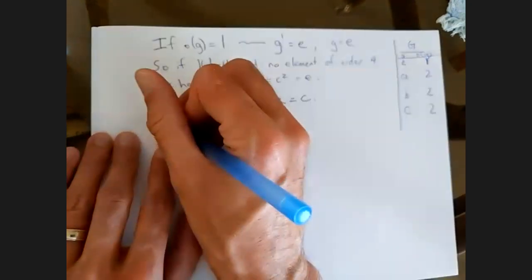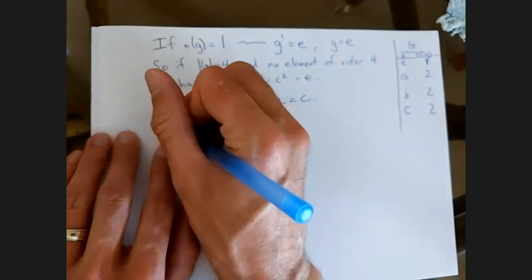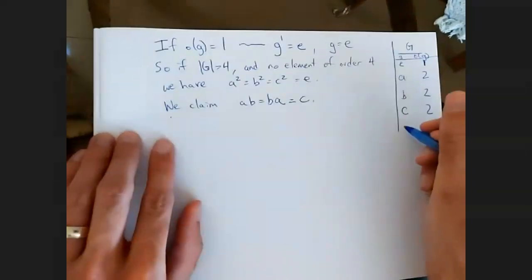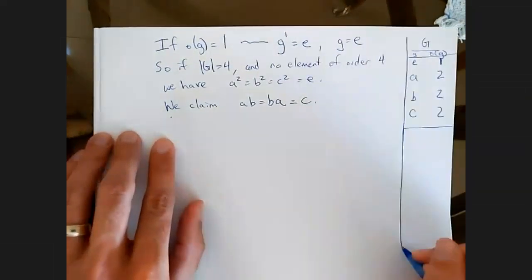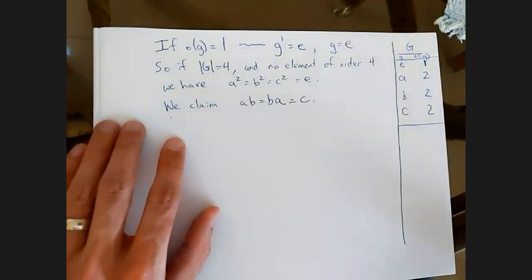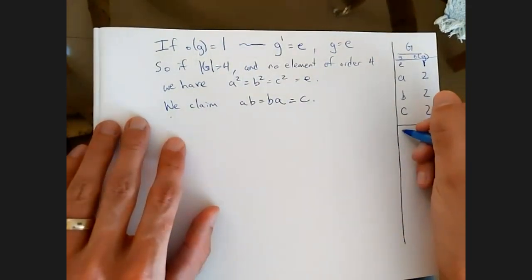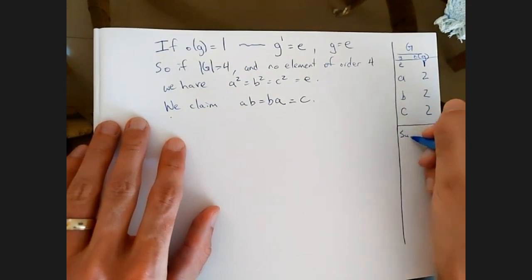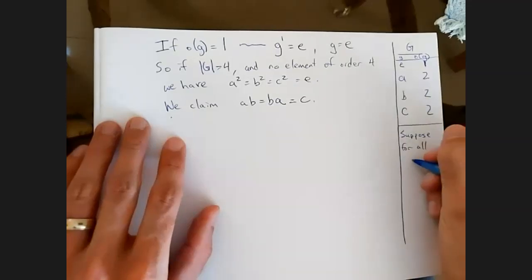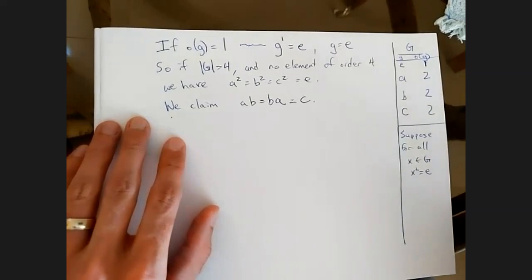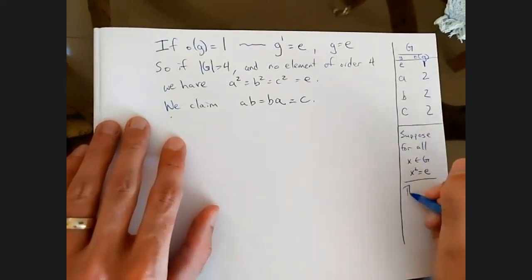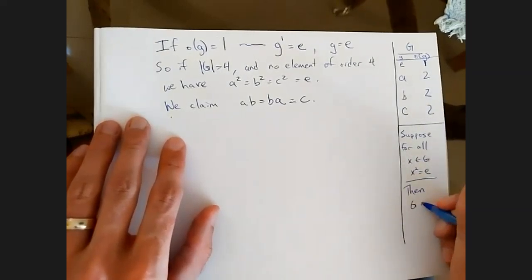In fact, you might have done this before, but you can prove, let me put this as an aside, the following statement: suppose for all x in G, x squared is the identity, then G is abelian.